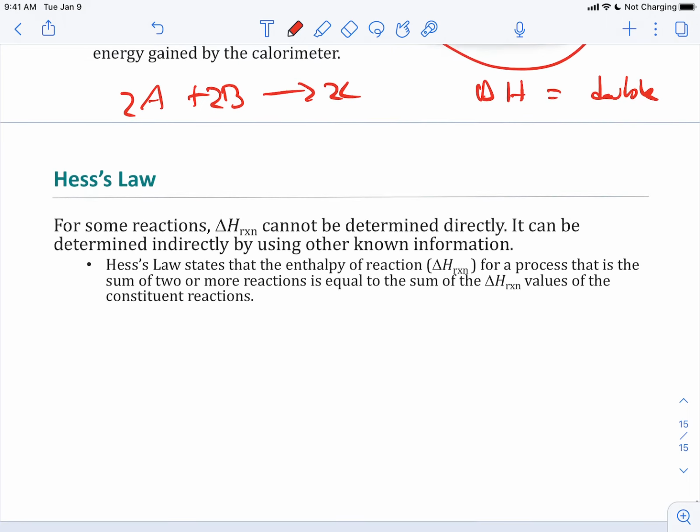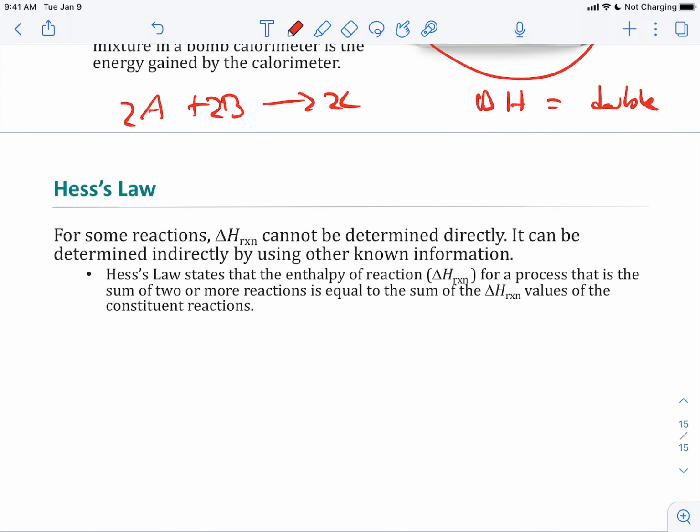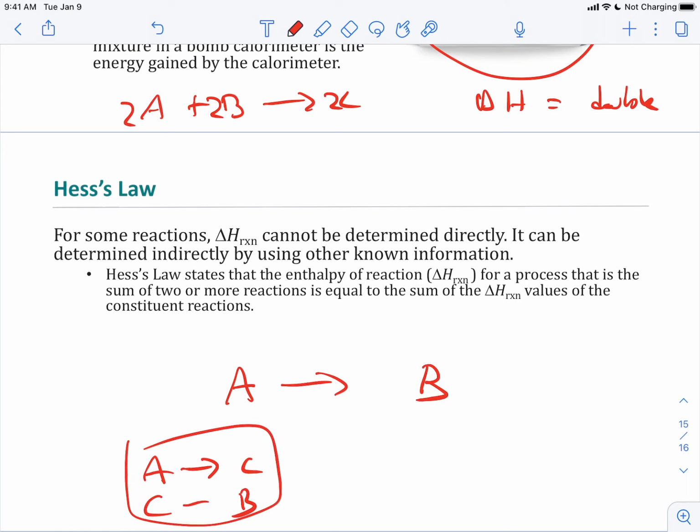So what I mentioned before, Hess's law, is this idea that, hey, I don't know what the heat associated with A going to B is, but I know what A going to C is, and I know what C going to B is, so I can combine these two to actually figure out what the delta H of this reaction is. That's the whole idea of Hess's law, manipulating equations.